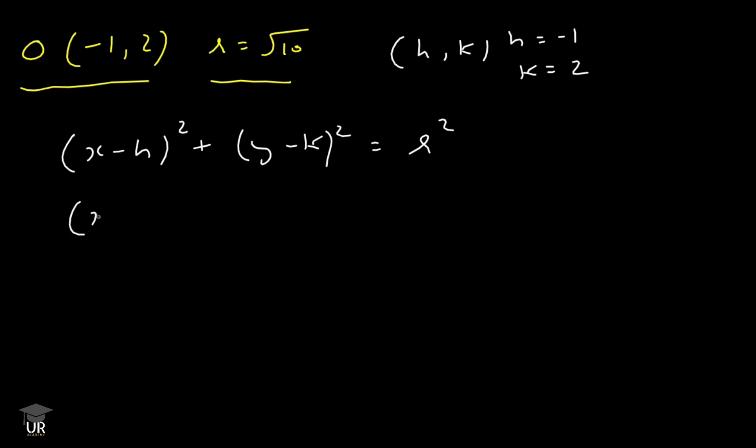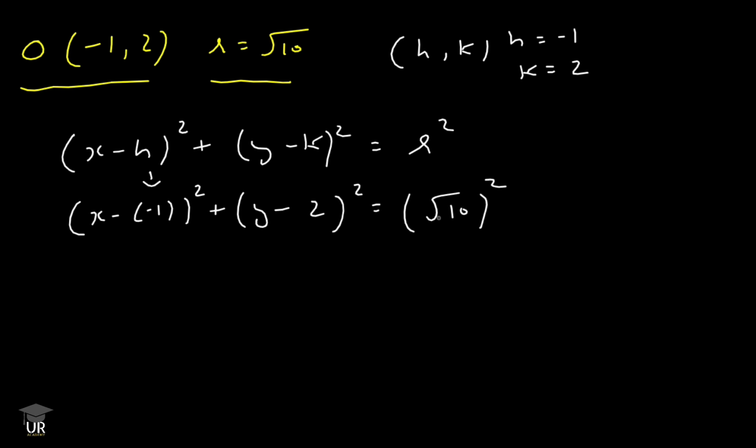So this will be x minus minus 1 squared, because h is minus 1, plus y minus k, which is 2, squared is equal to the radius, which we just found as under root 10, so under root 10 squared.